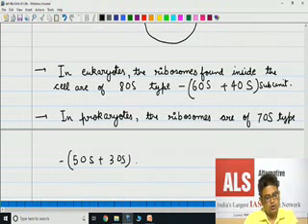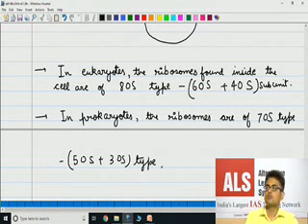Now there is one more important thing you should note here. There is no mathematical relationship between these two subunits. For example, if you add 60 plus 40, you get 100, not 80. If you add 50 plus 30, you get 80 and not 70. So what is the reason? Do you know the reason?